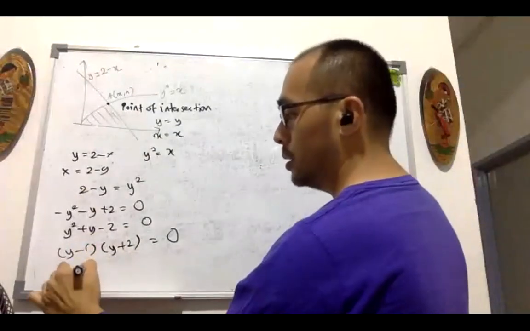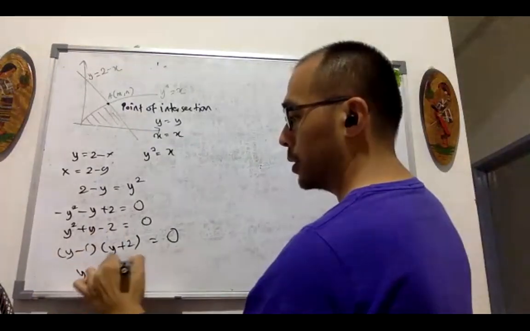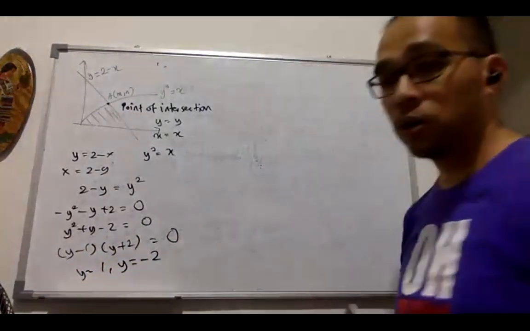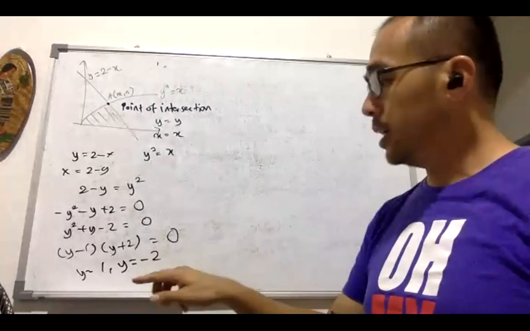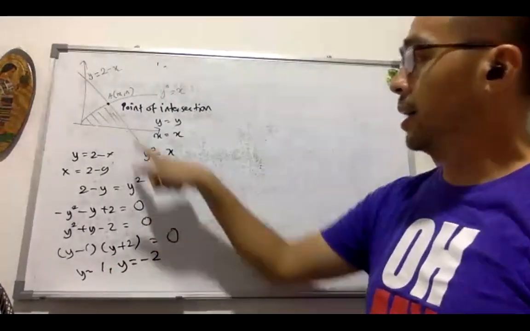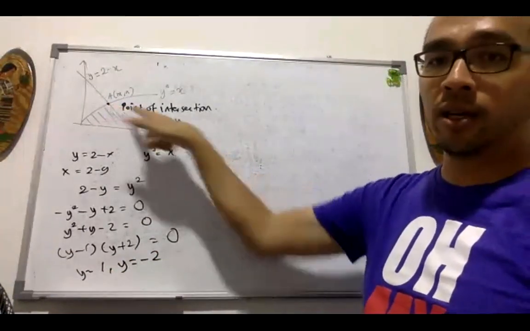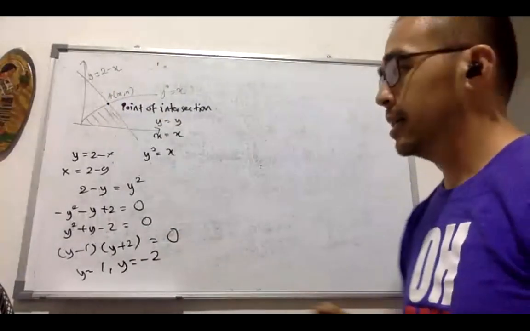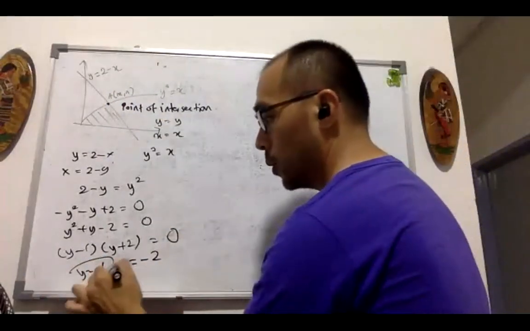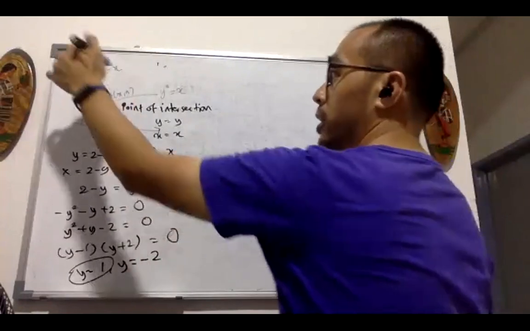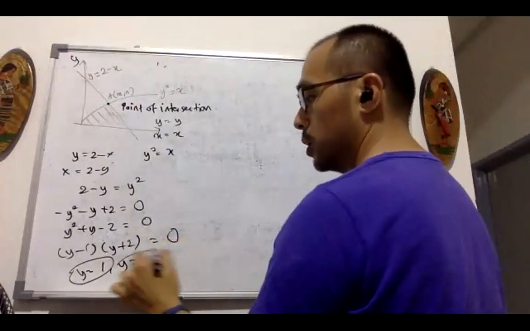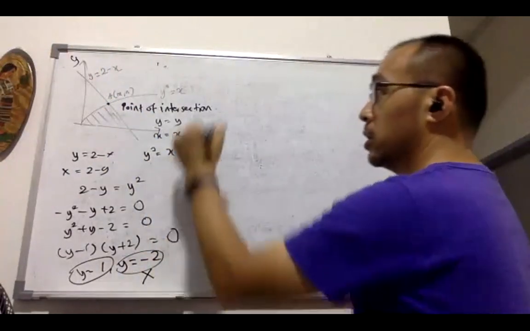So y equals to 1 and y equals to negative 2. Look logically at the two values of y and look at the position of point A. Which y makes sense? Obviously y equals to 1, because our y coordinate here is positive. So this one we reject.